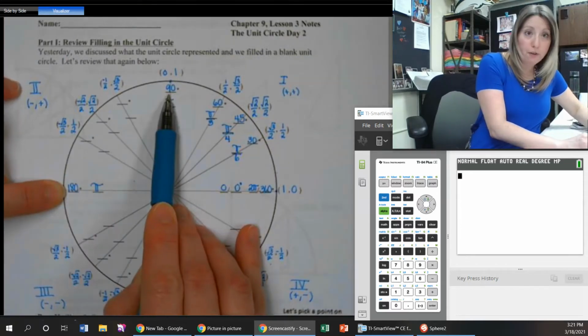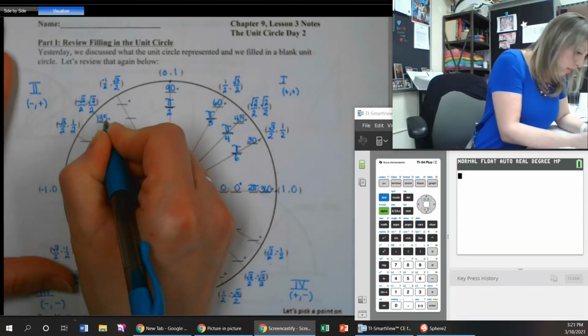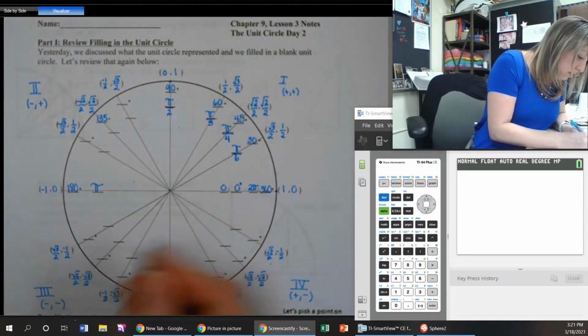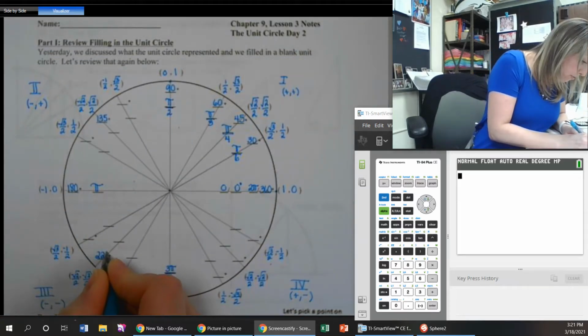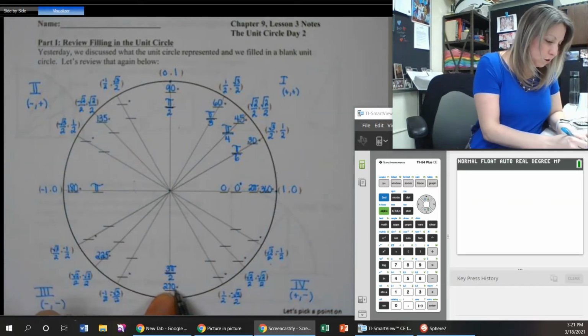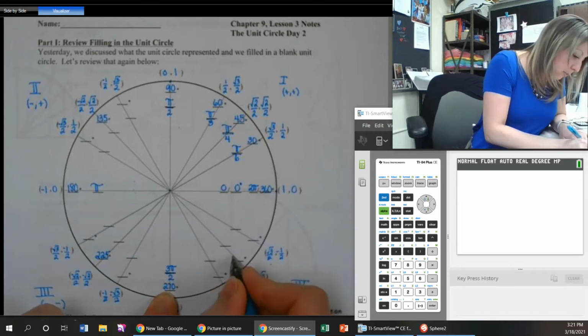So add 45 to 90, you get 135. Then add 45 to 180, you get 225. Add 45 to 270 or subtract 45 from 360, you get this 315.